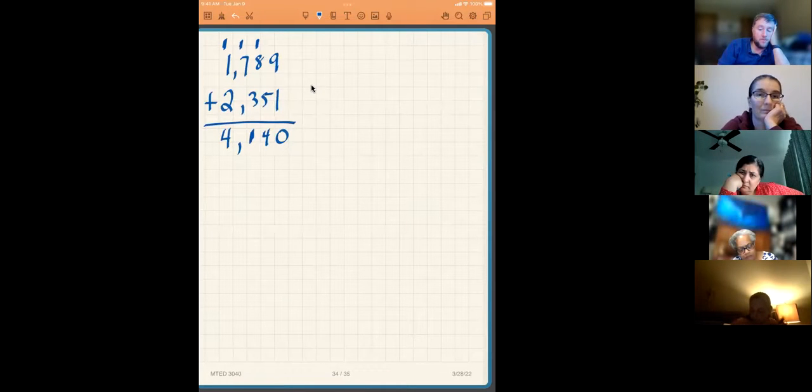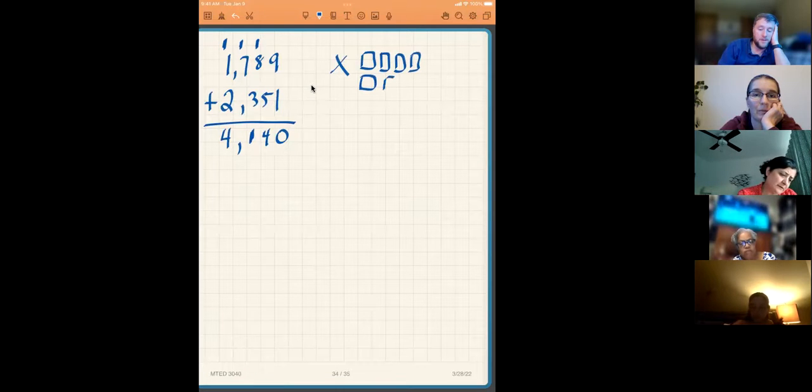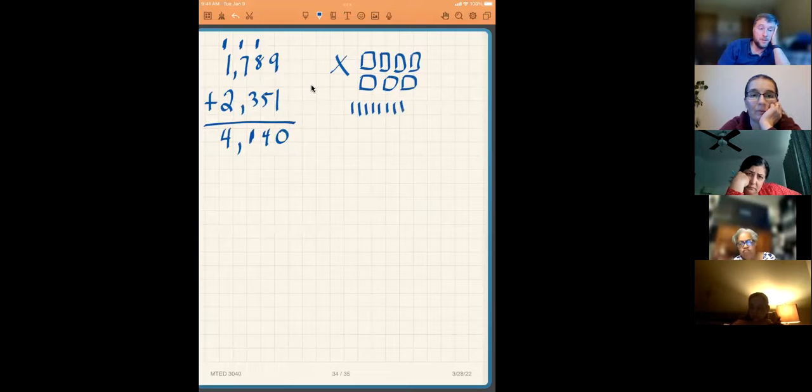If you remember, thousands were created by an X. 100s were boxes, 1, 2, 3, 4, 5, 6, 7. 10s were sticks, 1, 2, 3, 4, 5, 6, 7, 8. And the ones are dots.